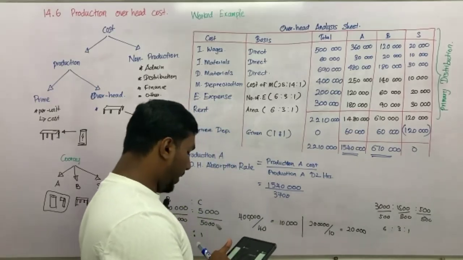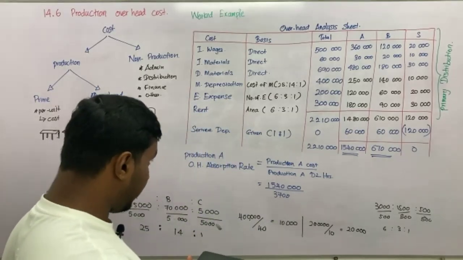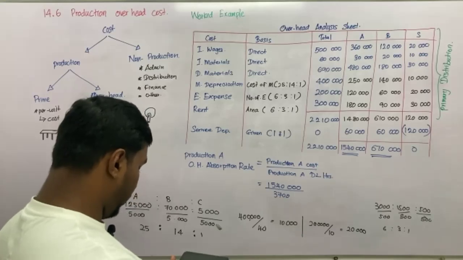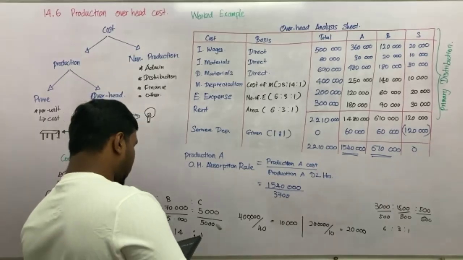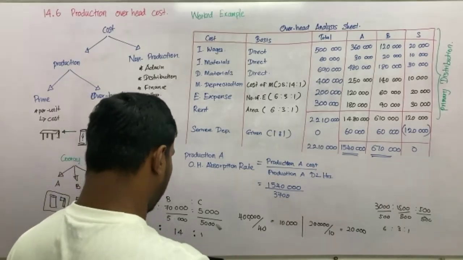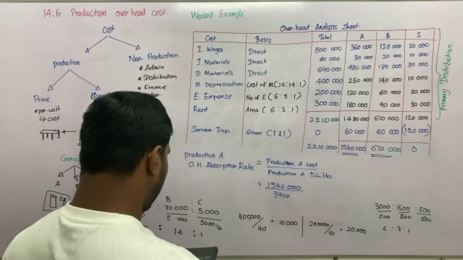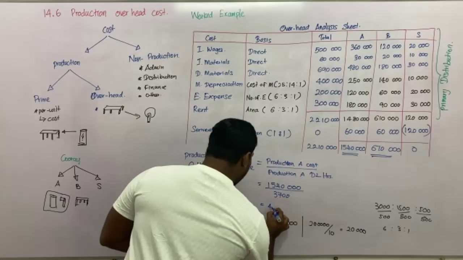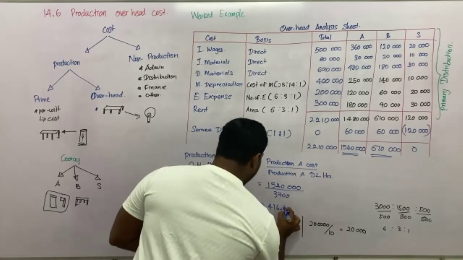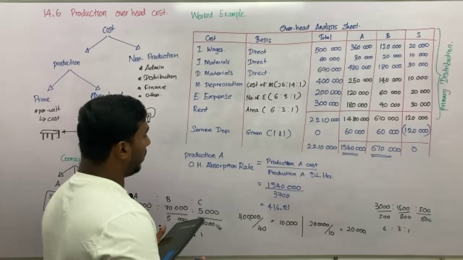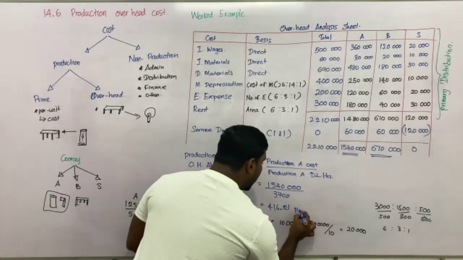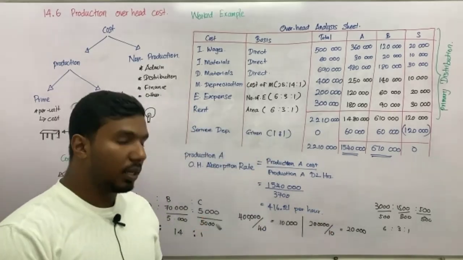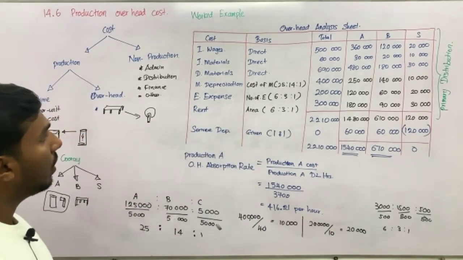So if you divide this by this, you will get the number 416.21 per hour. Okay.